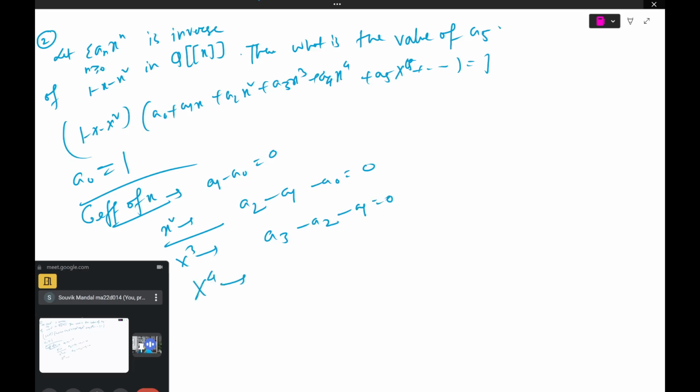The coefficient of x4 is a4 minus a2, equal to 0. The coefficient of x5 is a5 minus a3, equal to 0, right? Okay. Now what can we do?